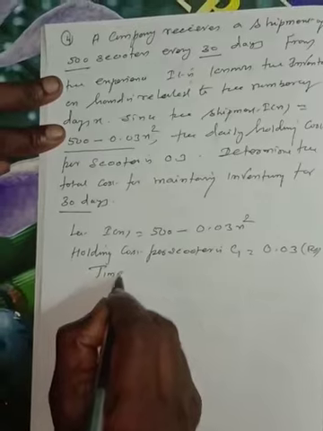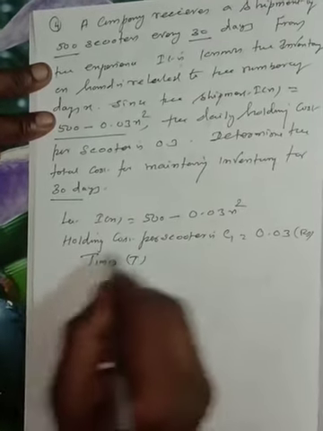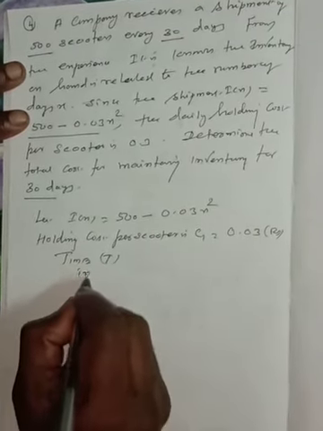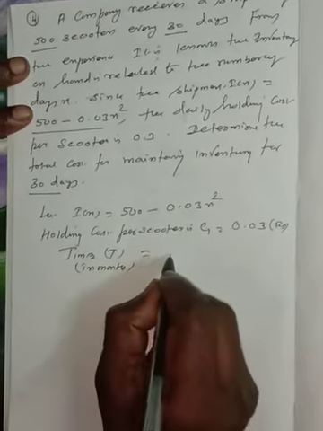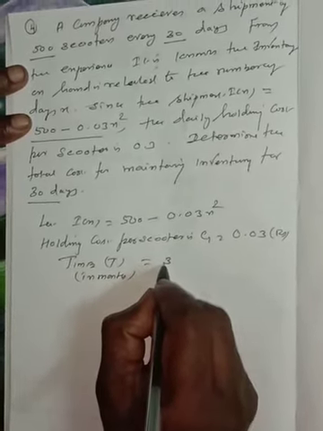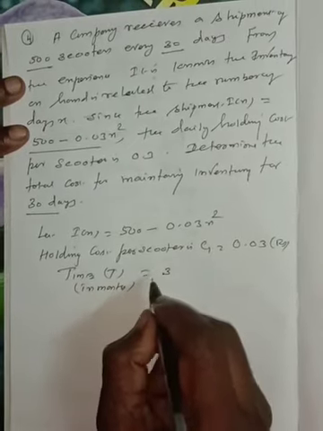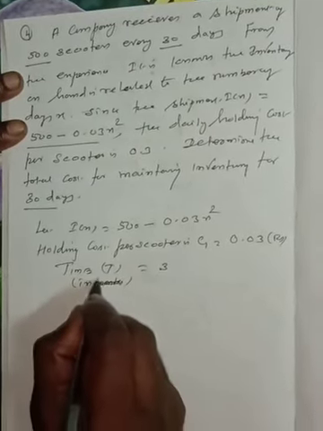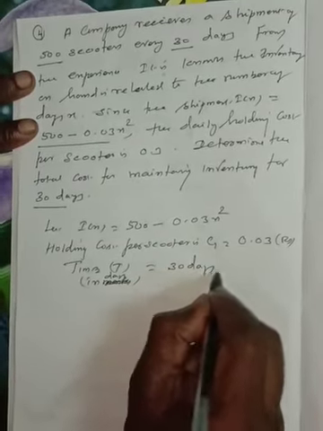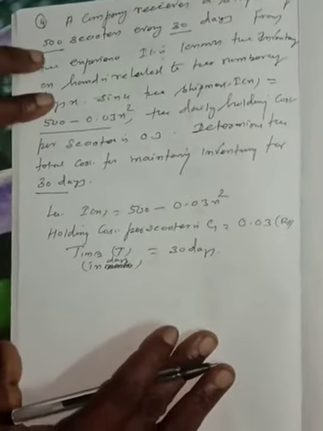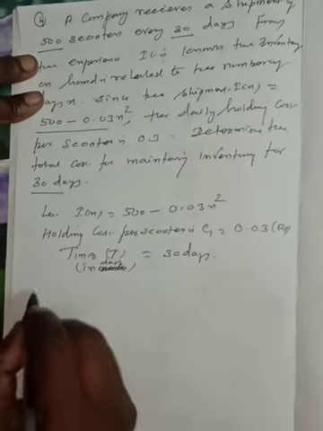Time capital T, time in months, in this case time in days, is equal to 30 days.